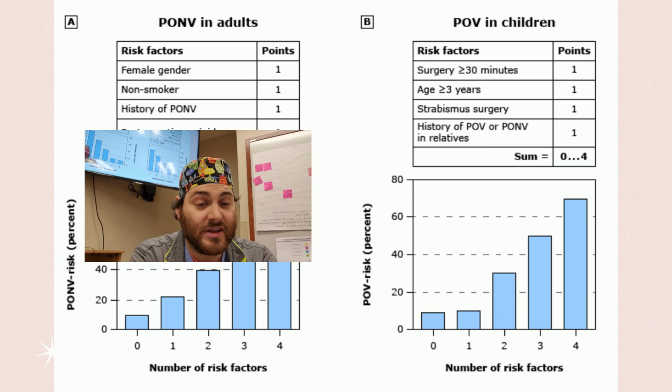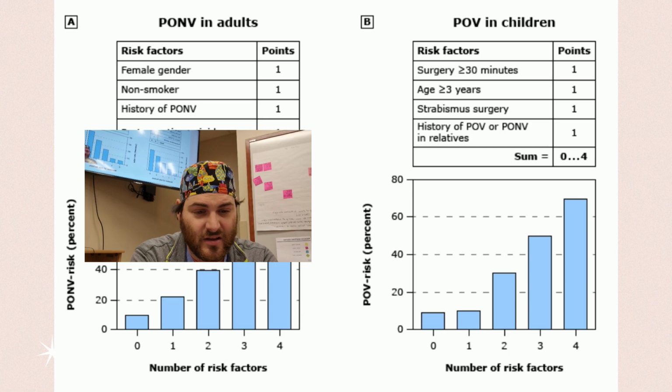Age over 3 years, again, under 3 years, apparently this is way less of a problem. Strabismus surgery in this particular scale got you a point. Why that surgery and not any of the other ones, I guess that's the most high-risk surgery for it.